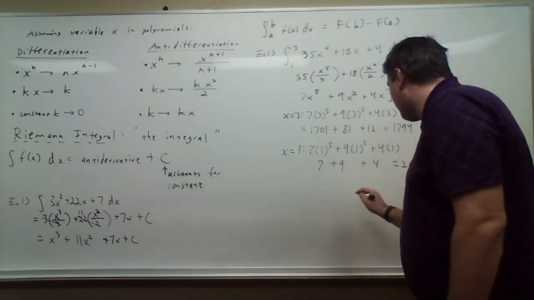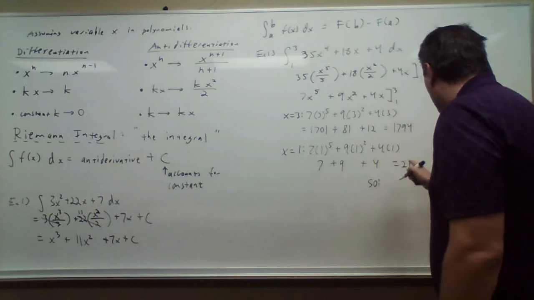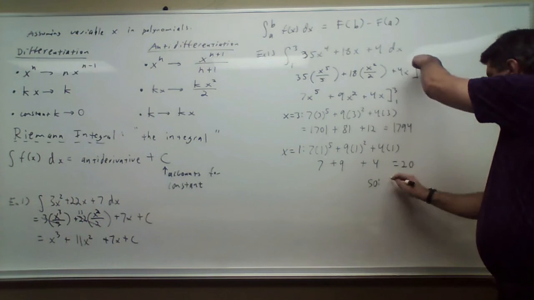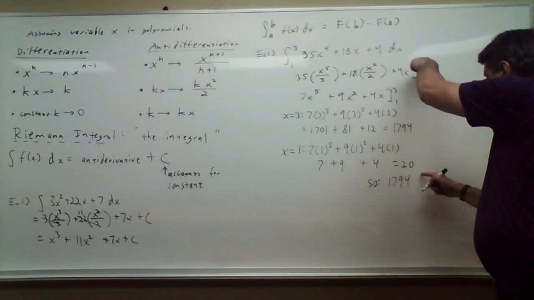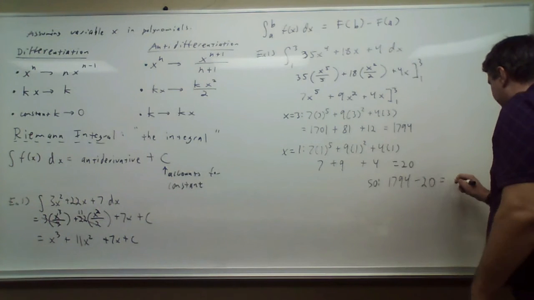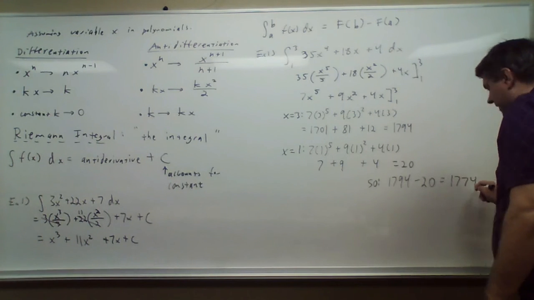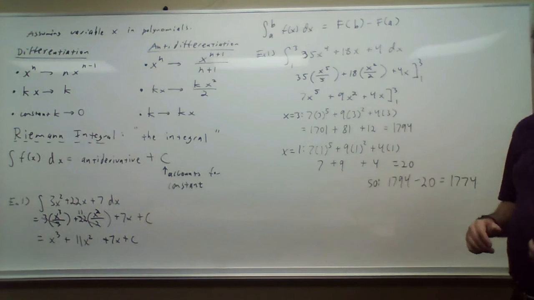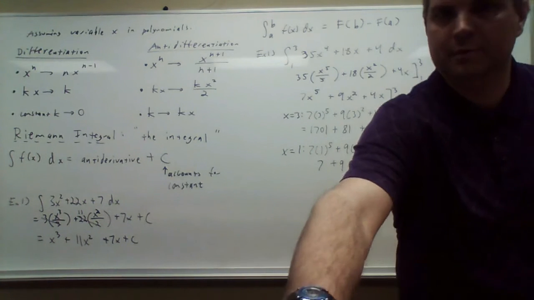So, having done that, we take the result of the 3 and subtract the result of the 1. And that gives me 1774. All right. Now pause.